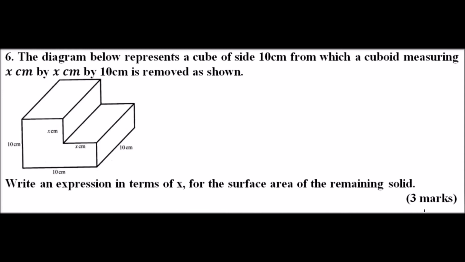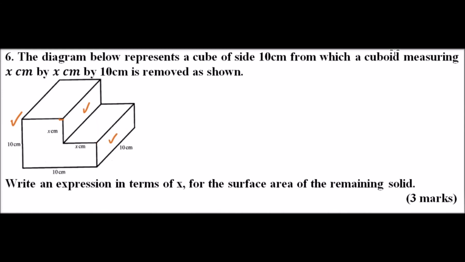So we can say the area at the back will be 10 multiplied by 10. This surface area, and that surface area, will also be 10 by 10, because if we complete here, that side will fit onto that point.